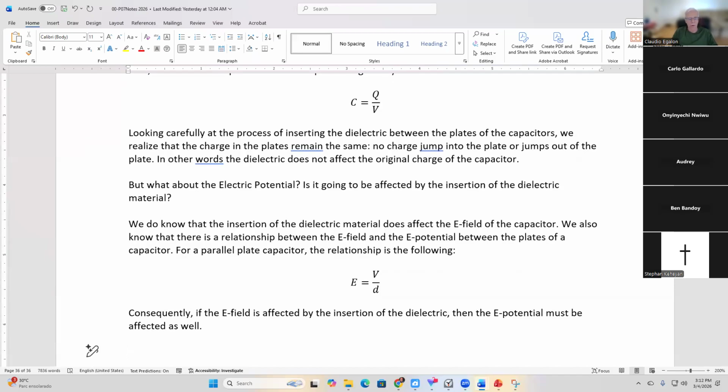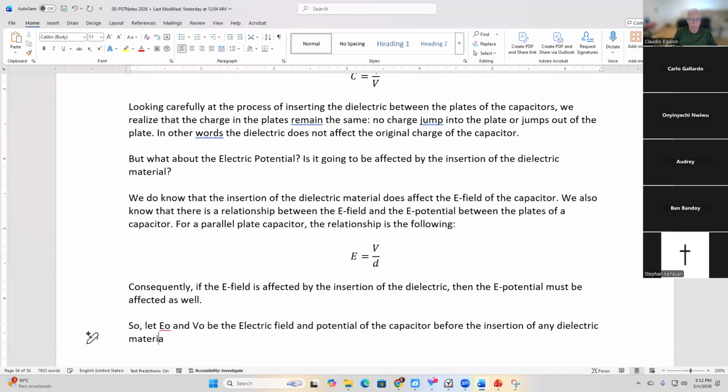So now we're going to change our notation, okay? So let E naught and V naught be the electric field and potential of the capacitor before the insertion of any dielectric material between its plates.